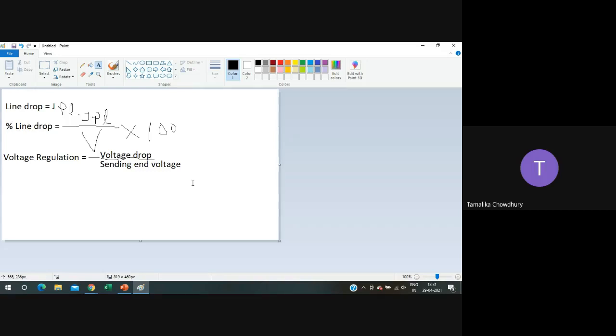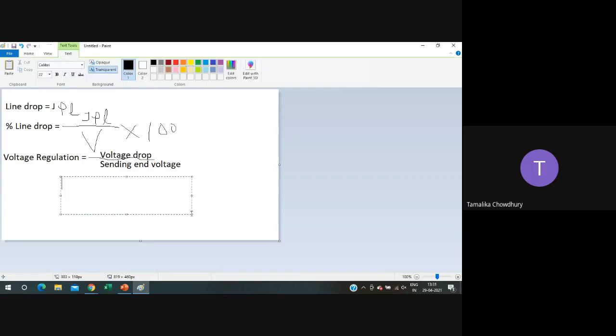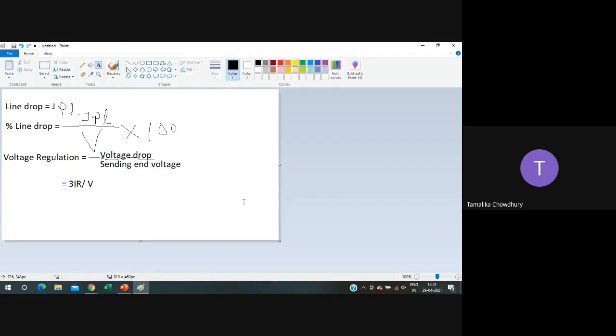So if it is multiplied by 3 for the three phases, it becomes 3IR divided by V. I'm writing again here, equal to 3IR divided by V. Okay, so is everyone clear till this?